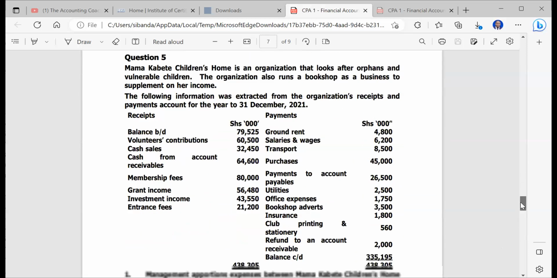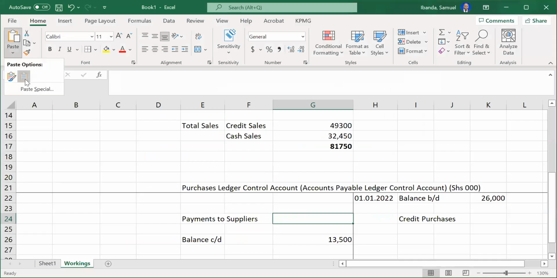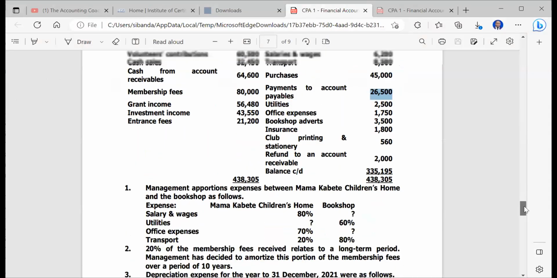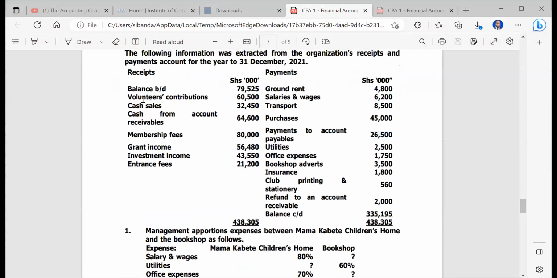So here I have this value of payments to accounts payables, my suppliers, which is 26,500. So I'm going to record it accordingly. Now, most likely I don't have the credit purchases, because that is why I've drawn up the account anyway. But I may also have some information that could affect my accounts payable.